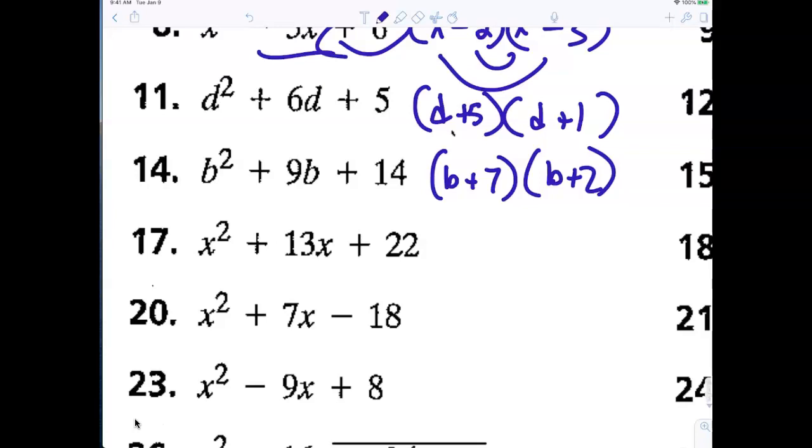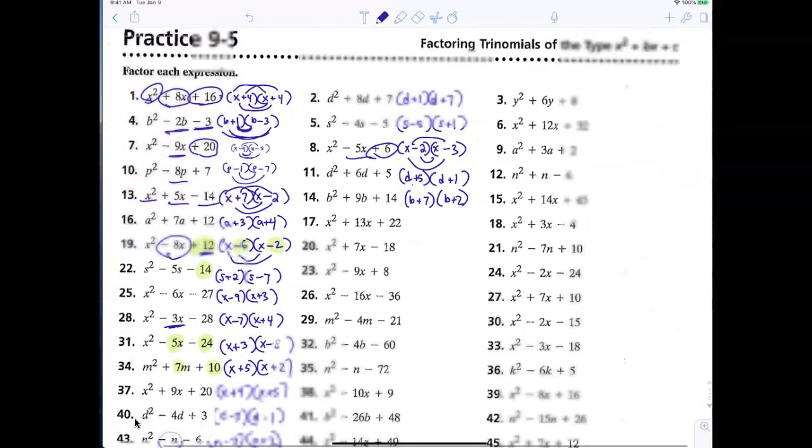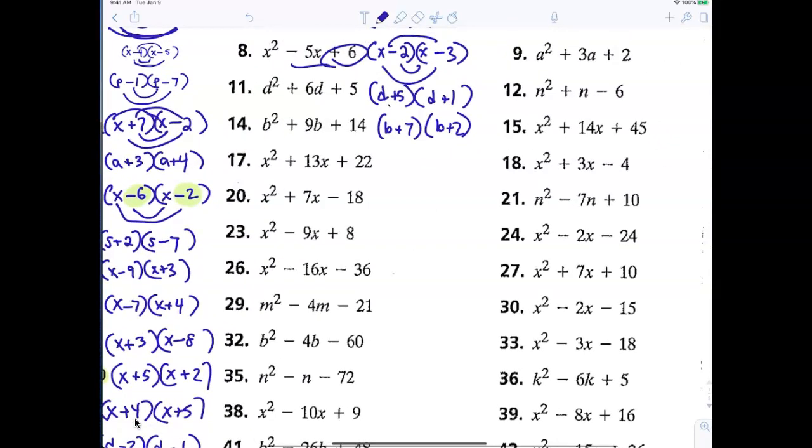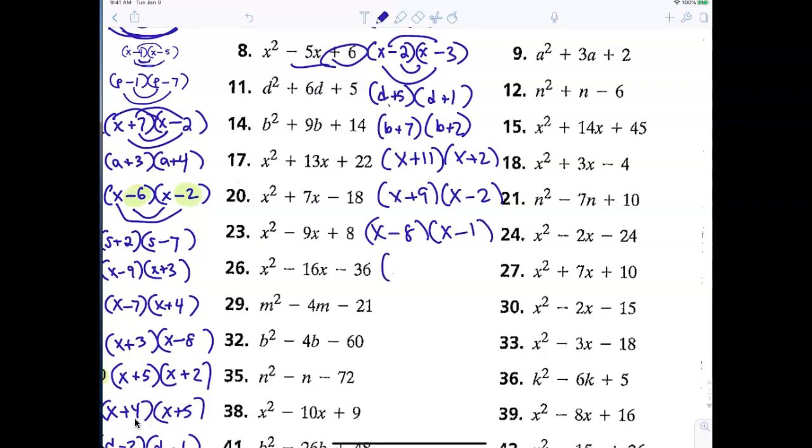Now look, seriously, I'm not trying to give you a hard time, but if you're good at your math facts, this is pretty easy. You should be able to look at the factors of 22, seriously. You should be able to just say that's x plus 11, x plus 2, x plus 9, x minus 2, x minus 8, x minus 1, x minus 18, x plus 2.